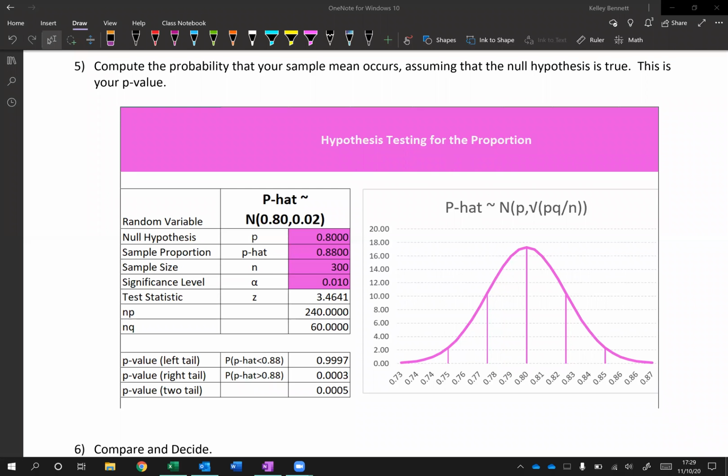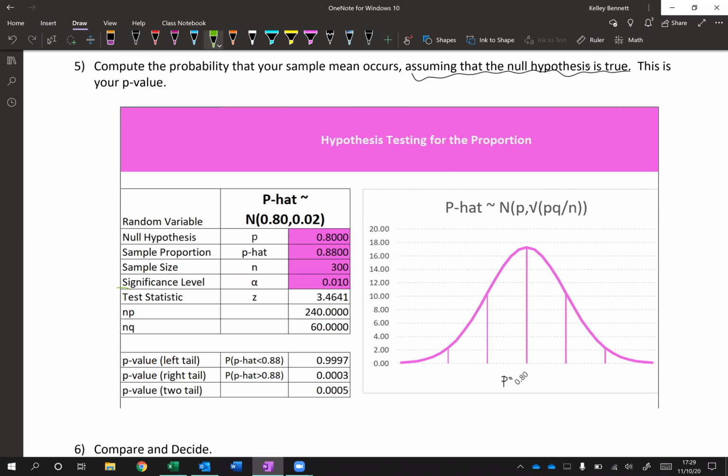Okay, so here's our output here. And again, as always, we're assuming that the null hypothesis is true, which means that P is our mean for this normal distribution here. And what we're saying is, how far away are we from this given P? Well, that's what our test statistic tells us.